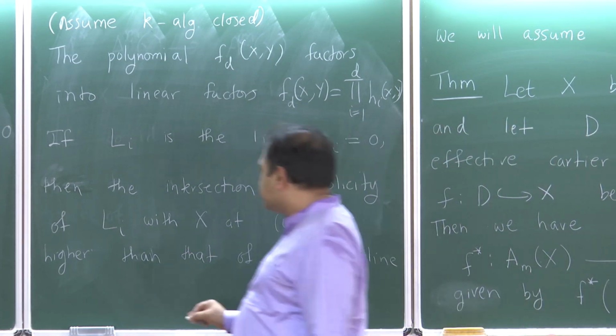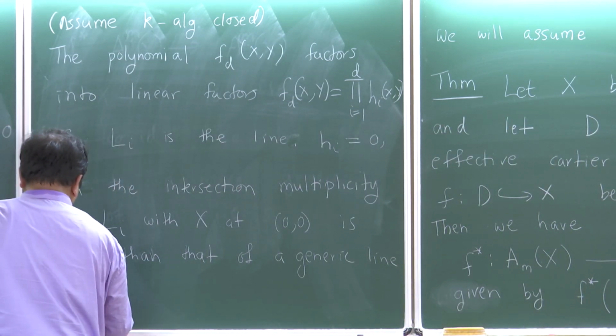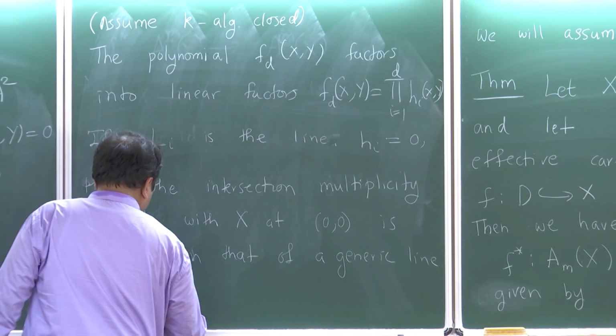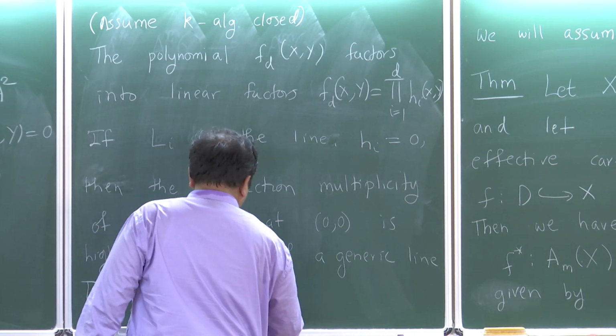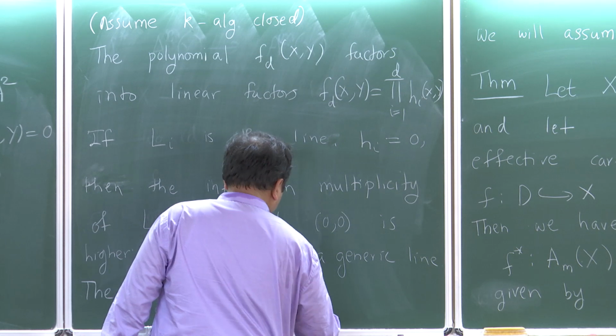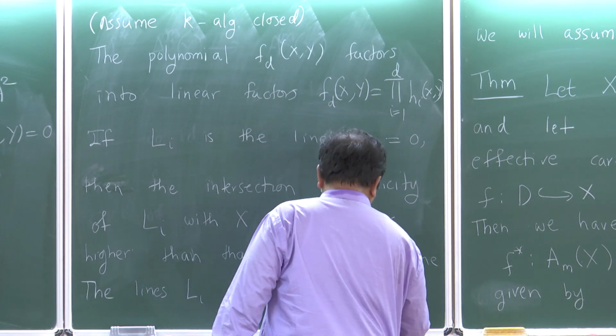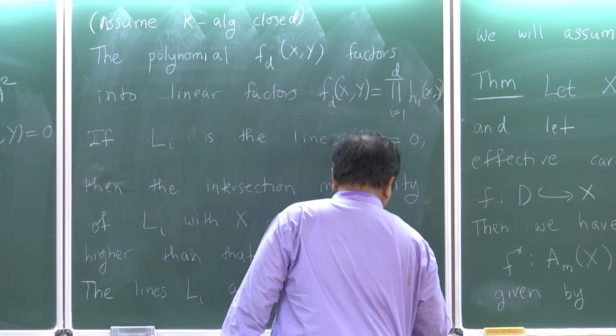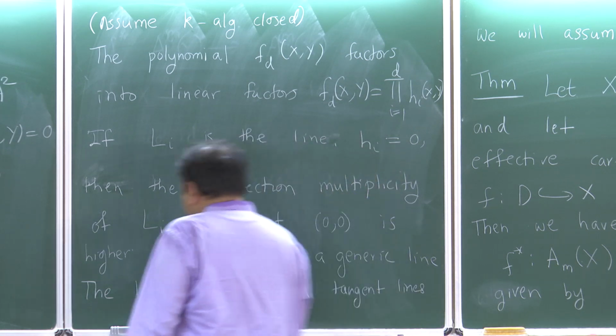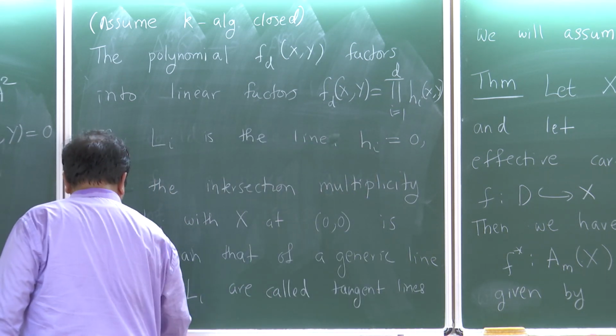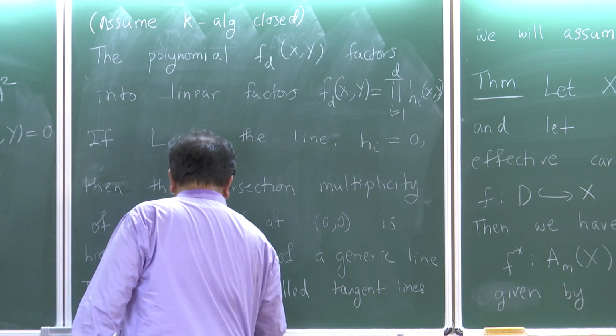Okay, so these lines Li are called tangent lines to x at the origin.